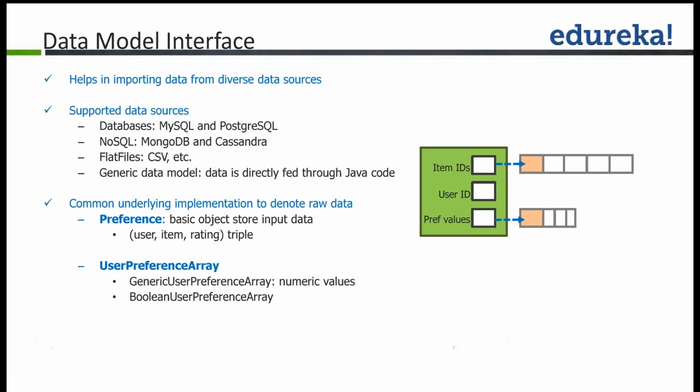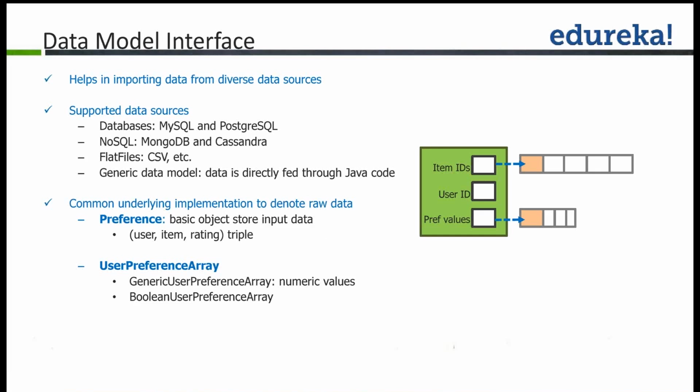Probably you have heard about these names in different contexts, like MongoDB, Cassandra, and so on, right? Essentially, you import data from all these data sources and convert them into internal data structures.